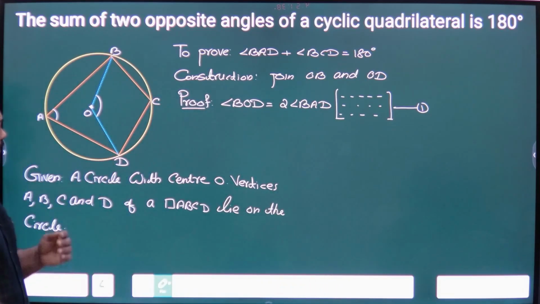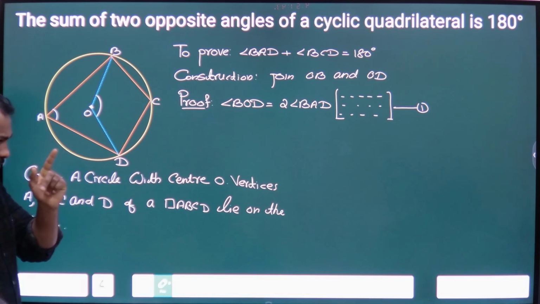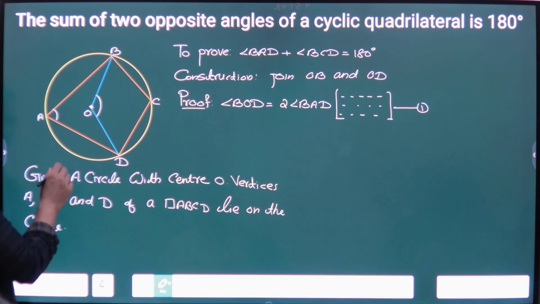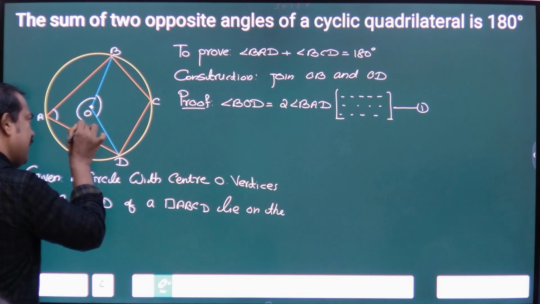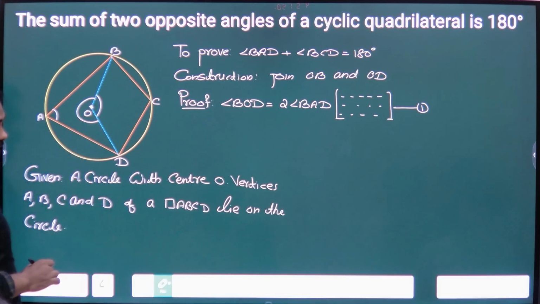Next, everyone listen. This is also an angle subtended by an arc. Which arc?